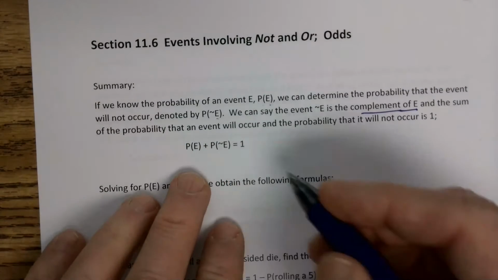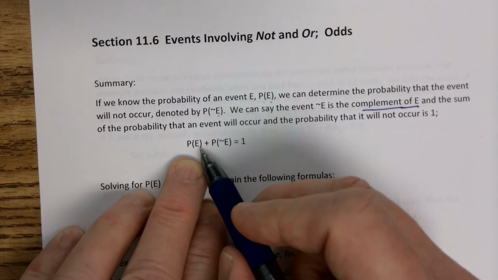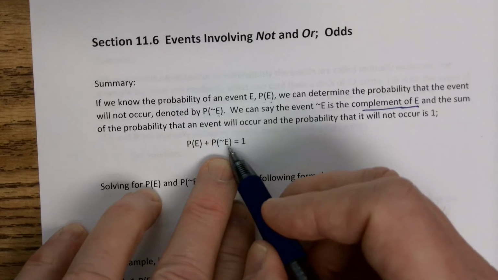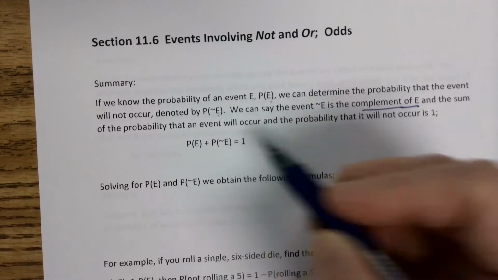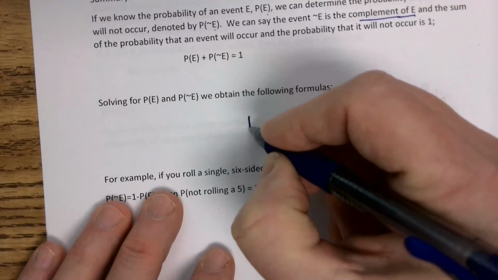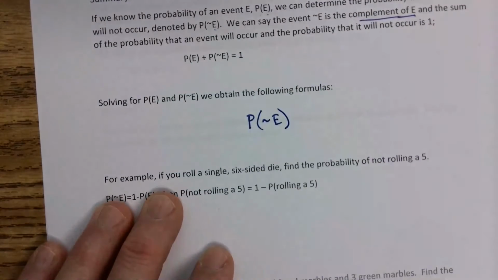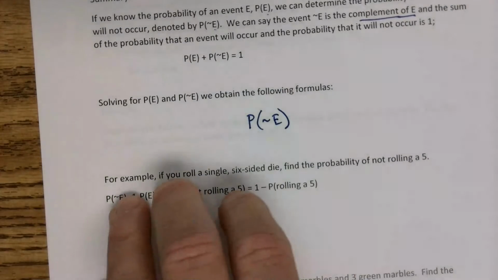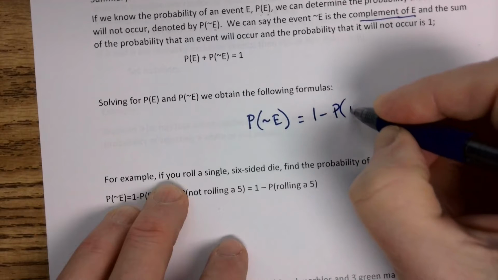Basically either an event's going to happen or it's not, and when you add those 2 together, the probability is 1. Switch that around, and the probability of an event not happening is, common sense, 1 minus the probability that it does happen.